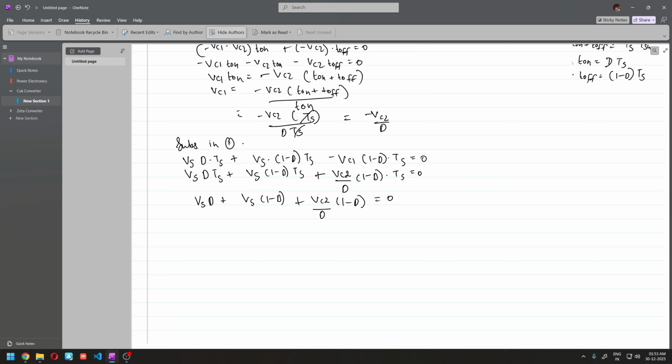So yeah, now that we have this, we just have to make the last few shifts, and we'll have the final equation. So let's shift this Vs to the other side. Let's keep Vc2 in this term itself divided by D, and shift this here.